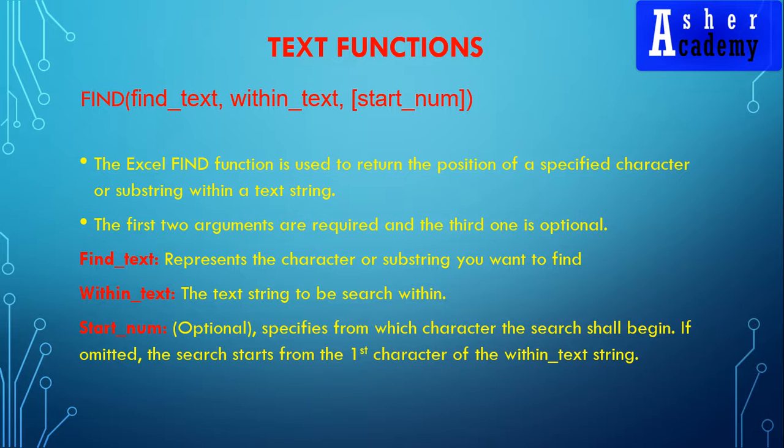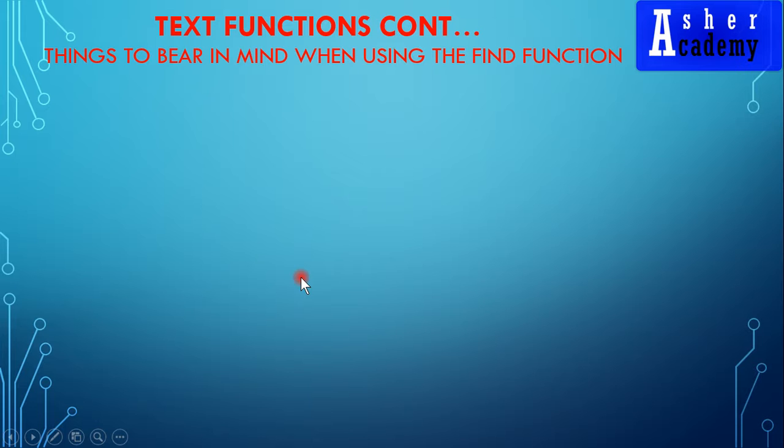For example, in computer, if you want to search from the third character, which is M, moving to the right, it means you are going to be searching from M up to the R, and you are not going to find the character O. So it's not going to give you the position of a character that does not exist. Otherwise, it will return a hash value error.